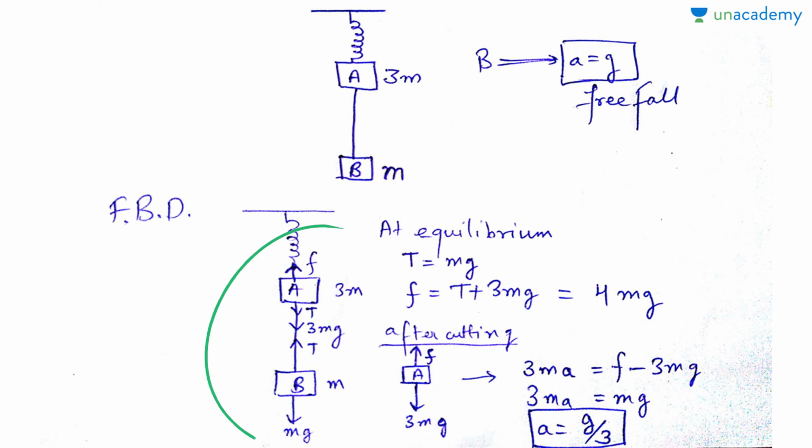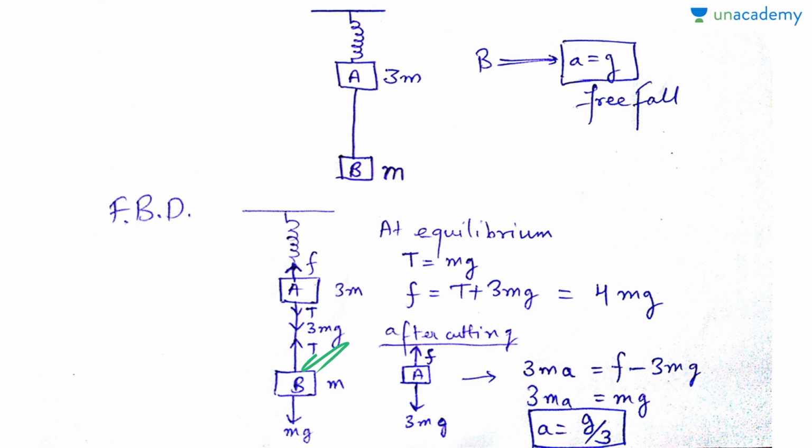Now let us look at the free body diagram. What forces are acting on these two? For B, the force due to gravitation, mg, is acting, and because it is hanging, a tension force T is also acting.